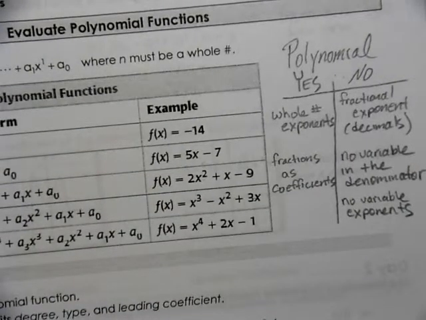The exponent itself can't be a variable. If the exponent is a variable, then it would not be a polynomial.